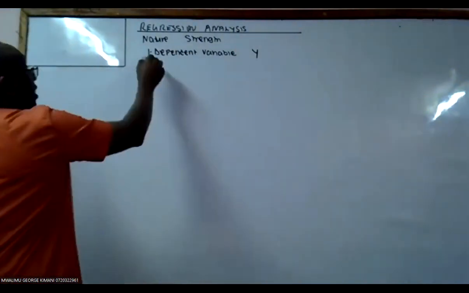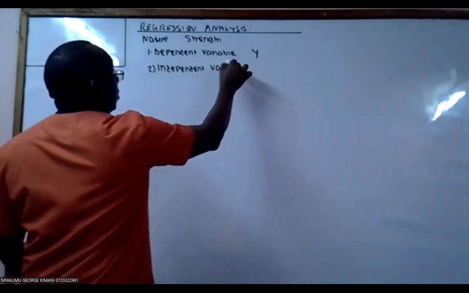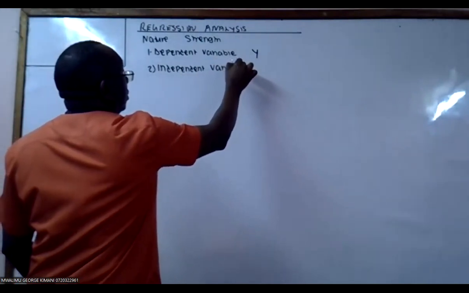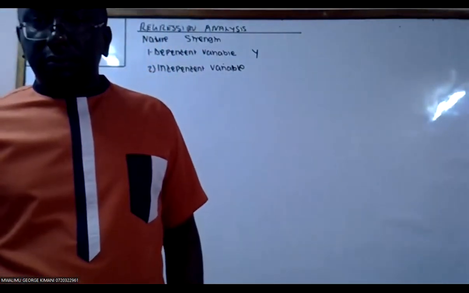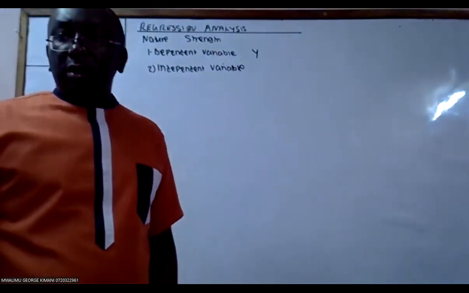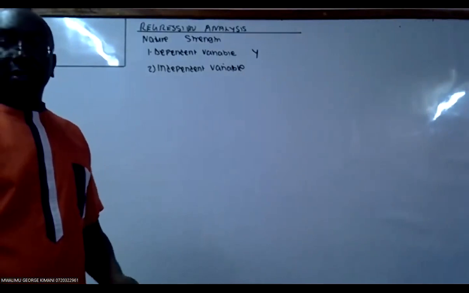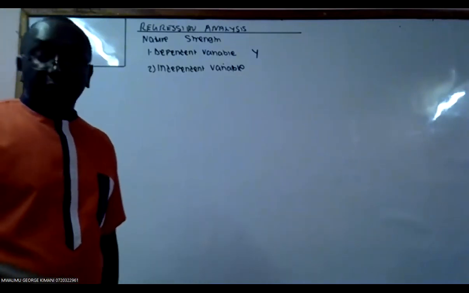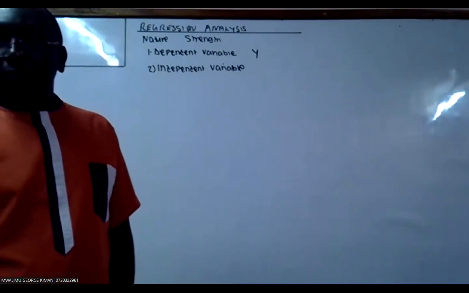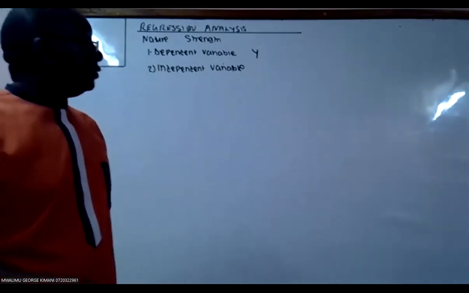Number two is the independent variable. And write that this is the one that influences the values of Y. Full stop.